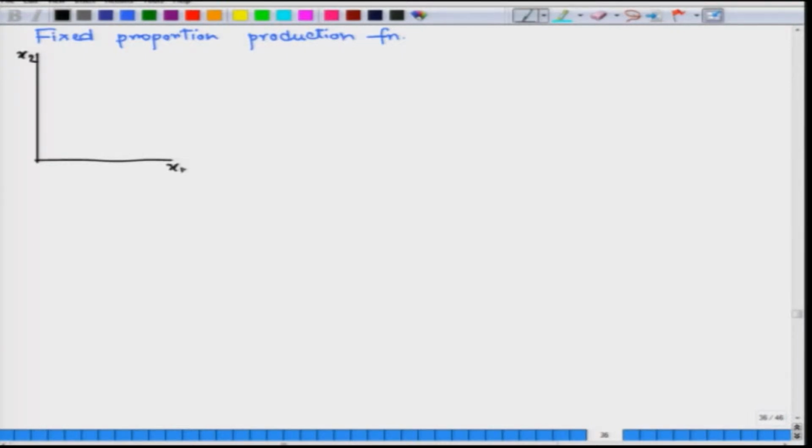So, we measure two variable inputs along the axis. So, let us assume that our inputs are mixed or used in a proportion like this. So, if that is the case, I can represent x2 in terms of x1 only.